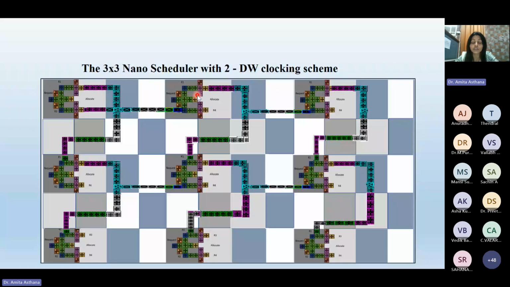This data has also been verified, and the circuit is almost giving the same result if we divide the circuit into various clock zones, and all the cells coming in a particular clock zone can be clocked with the same clock pulse.